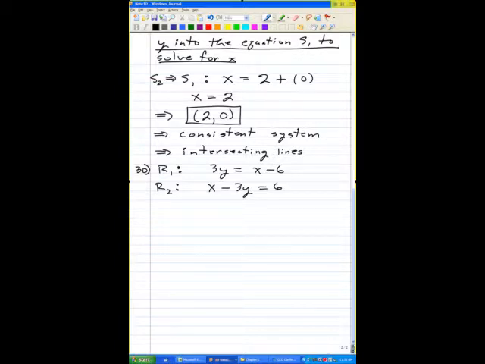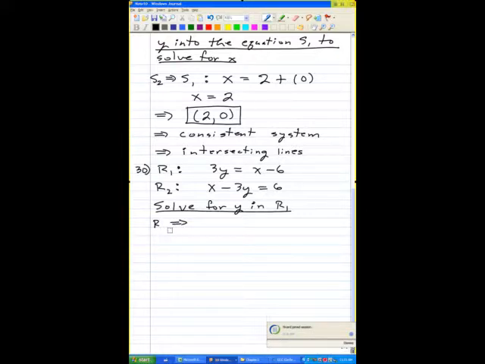So let's solve for y in R1. I want to solve for y, so I have 3y is equal to x minus 6.